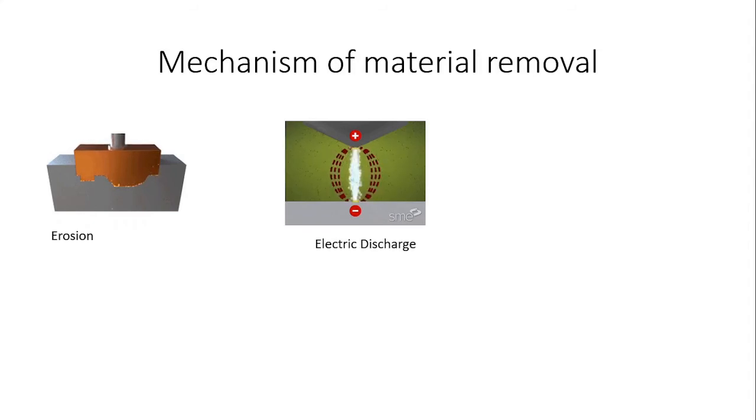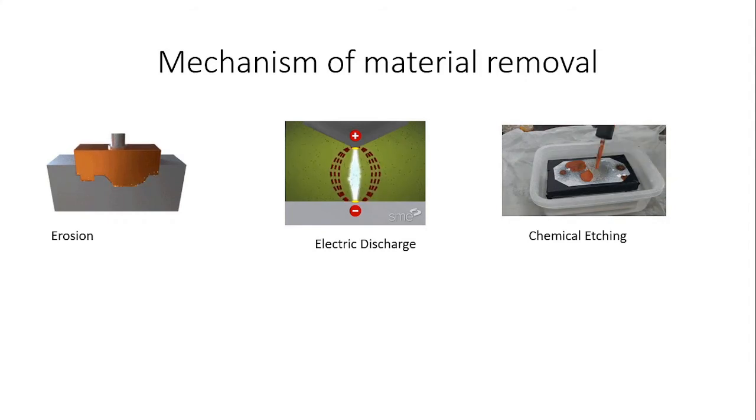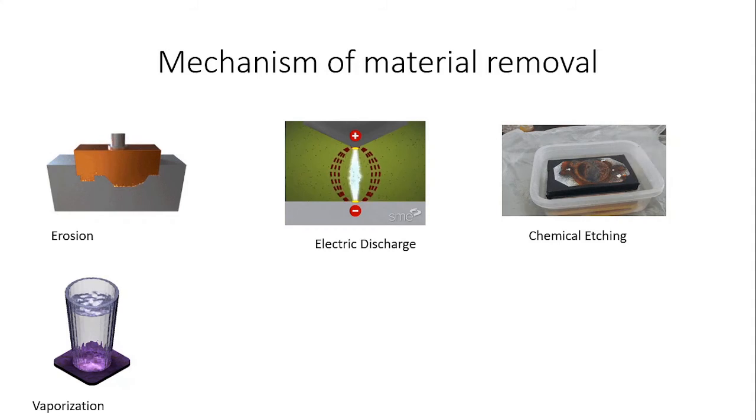When electrons are transferred from the tool to the workpiece material, we can remove the material in the form of electrons. After that, chemical etching. If I place a chemical component inside a steel bottle, the steel bottle gets eroded. From this kind of activity also we can remove the workpiece material, which is called etching. So this process is called chemical etching.